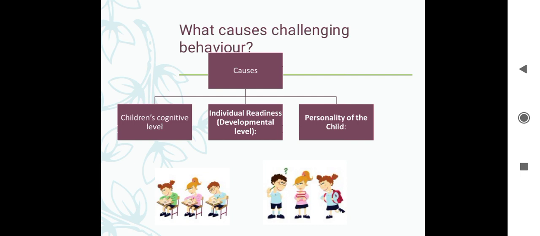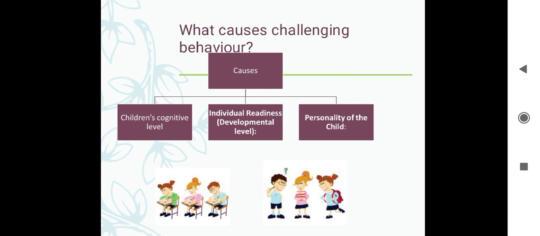Number two, individual readiness development levels. Number three, personality of the child. So these are the three main causes which make correcting the children's behavior tough, challenging.